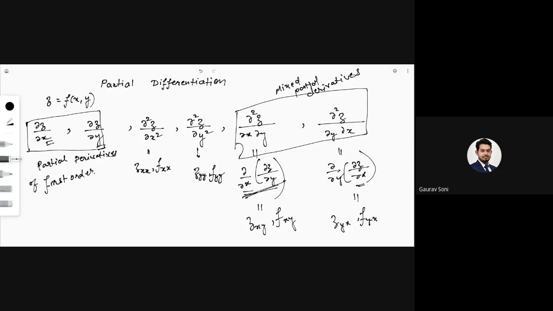One more thing we have seen in the previous lecture, that mixed partial derivatives in general are not equal, but under some conditions they may be equal. Okay, so this is all, and some examples we have seen. So in today's lecture we will go ahead with solving some examples.